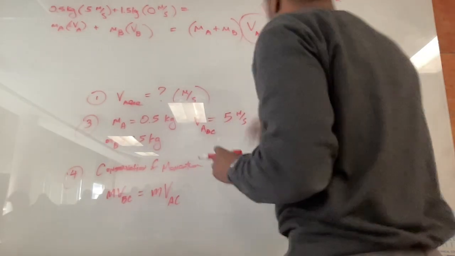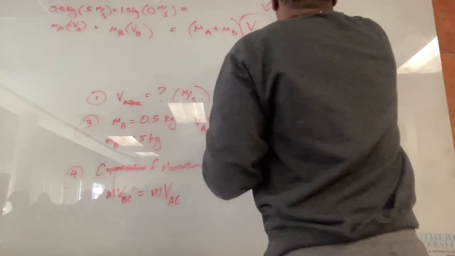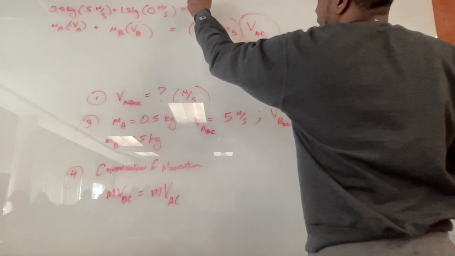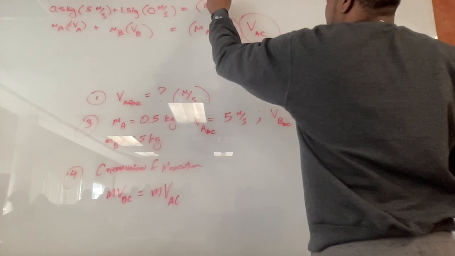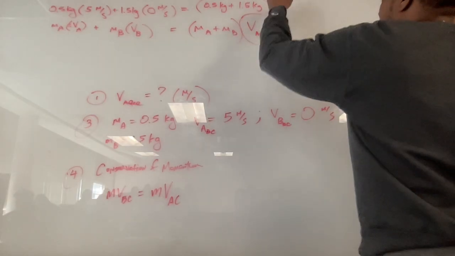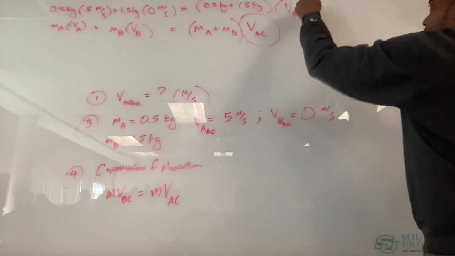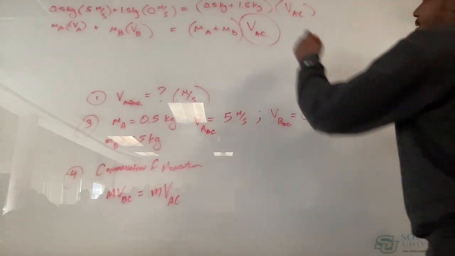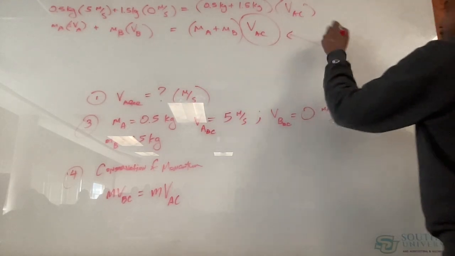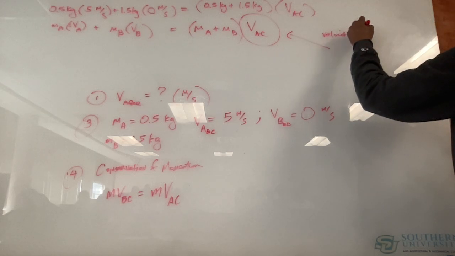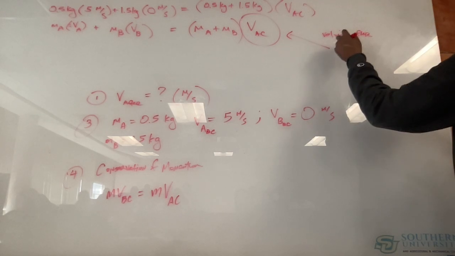Oh well, I wrote here. Sorry about that. Let's just do this. All right. So this will be what? 0.5 kg plus 1.5 kg, and that'll be the speed after the collision. Right? So we can write this here. This would be velocity after collision.